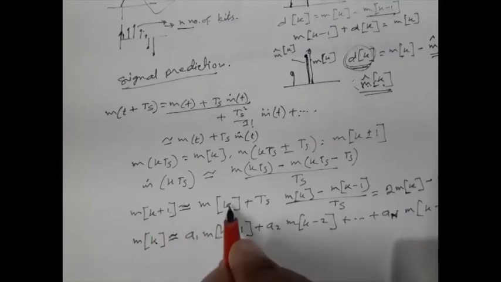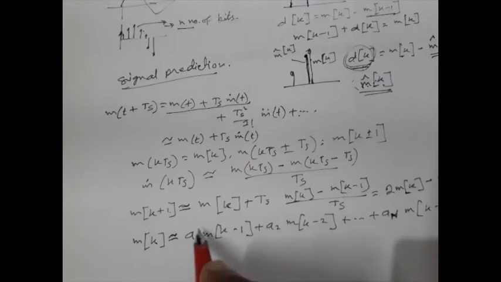So if we have the same expression, instead of writing the k plus 1th message, we are writing it in terms of the current message, kth message. So k plus 1 actually replaced by k. So here k plus 1 becomes k, so k becomes k minus 1 and so on.